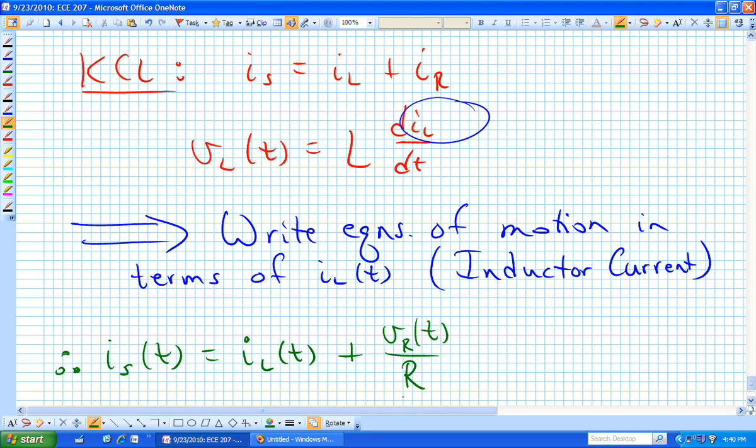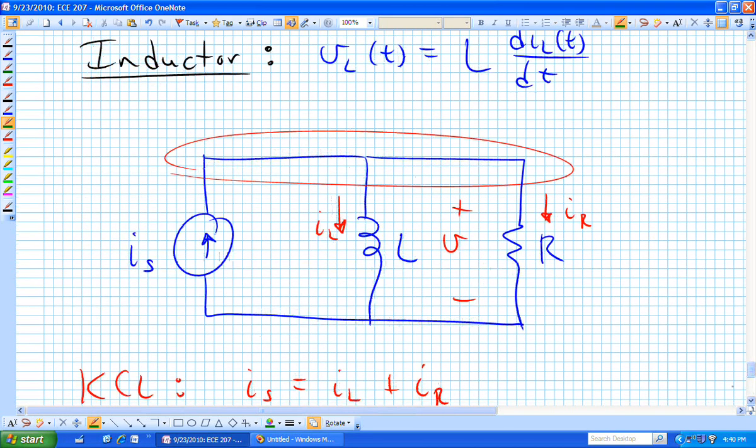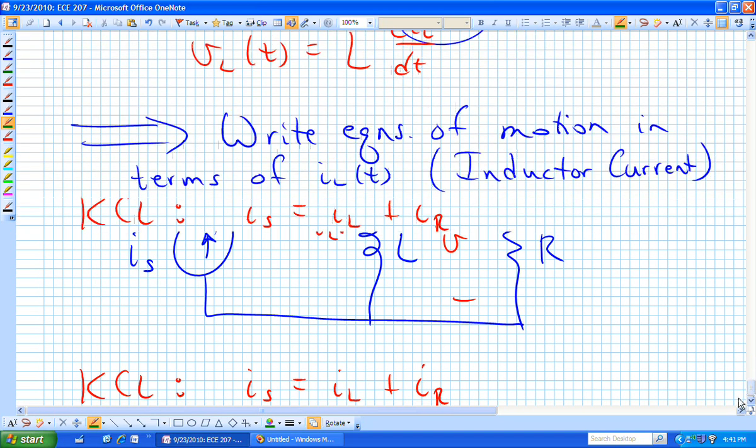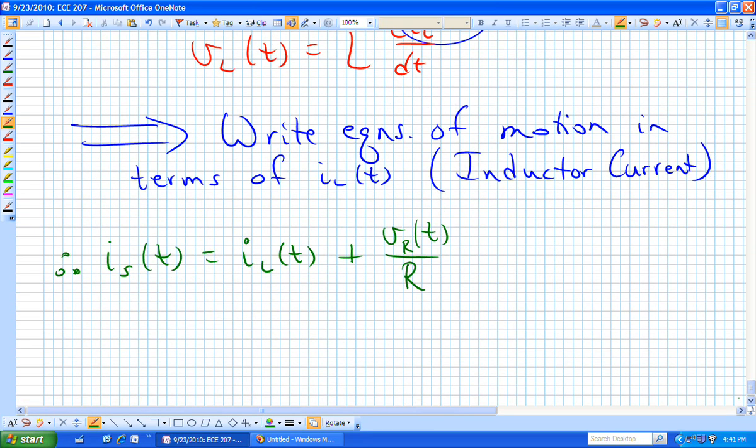Ohm's law tells me that, correct? V sub R over R. But what do we know about this resistor's voltage in this particular circuit? It's exactly the same as the inductor voltage. And we know by ELI what that inductor voltage looks like relative to the current through that inductor.